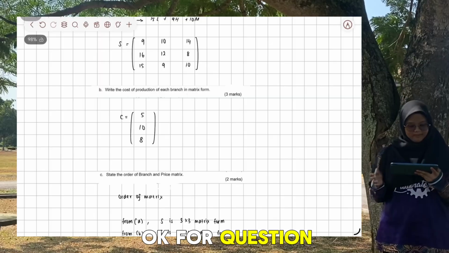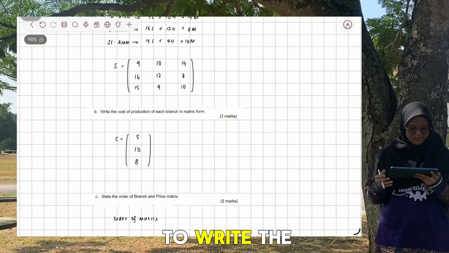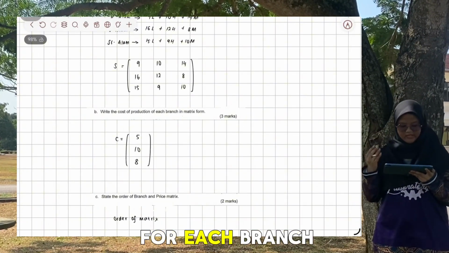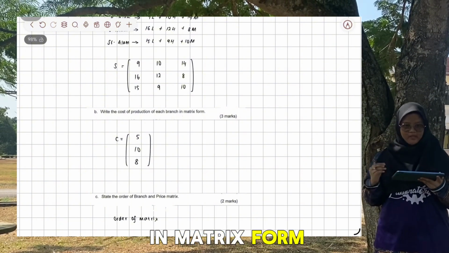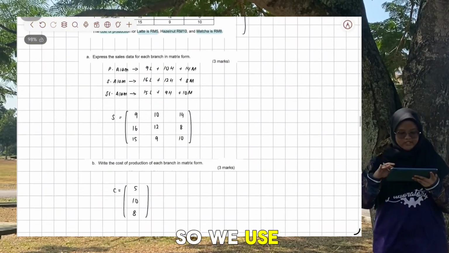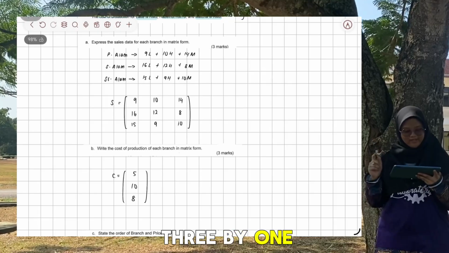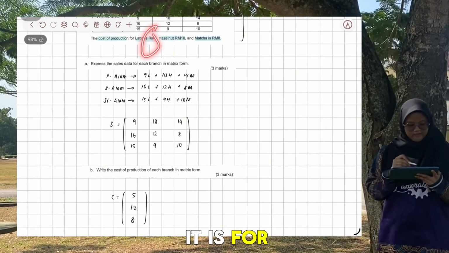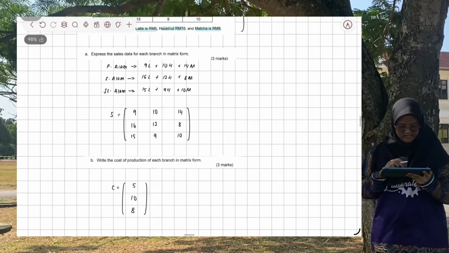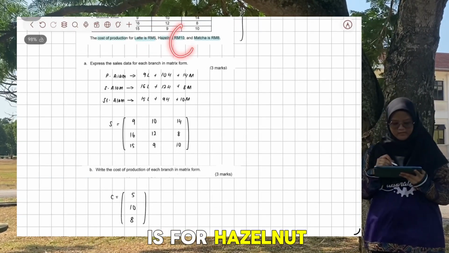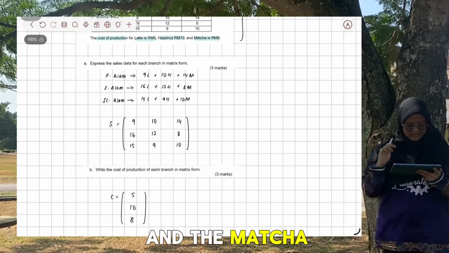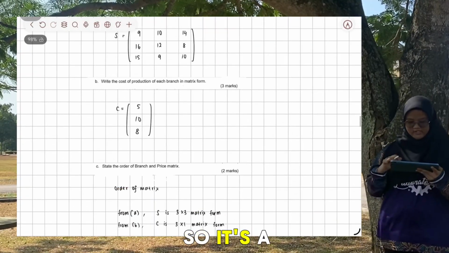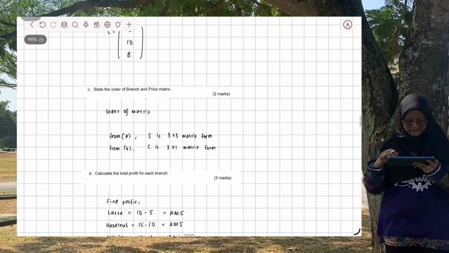Okay, for question B, they ask us to write the cost of production in matrix form. So we use a 3 by 1 form. The first row is for latte, which is 5. The second row is for hazelnut, which is 10, and the matcha is 8. So it's a very straightforward question.